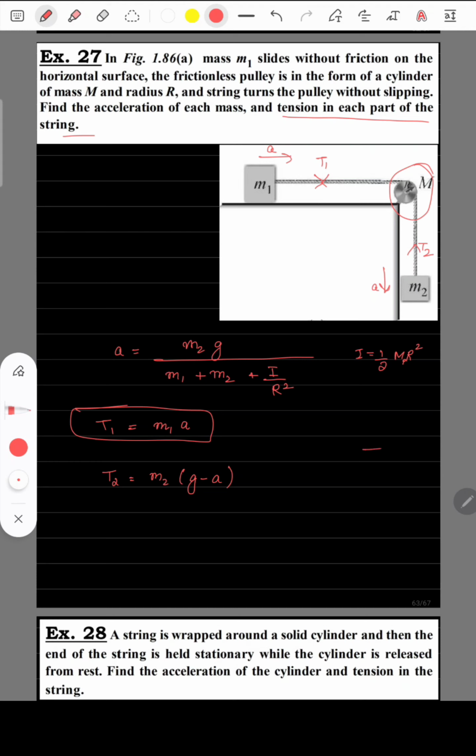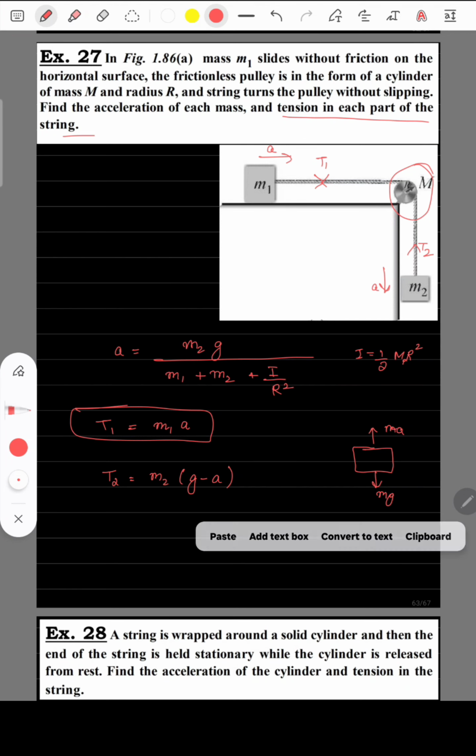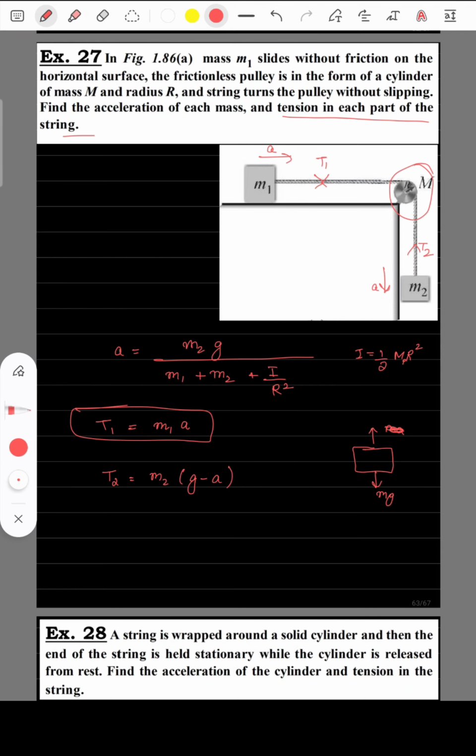You can go into the free body diagram and find out the same expression. Like this is mg, this is pseudo force, and the tension.